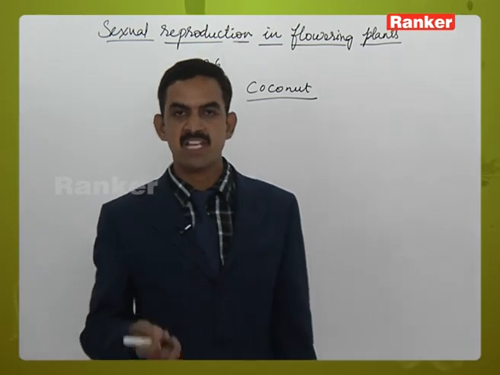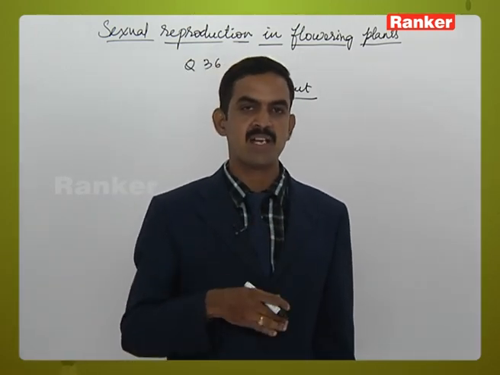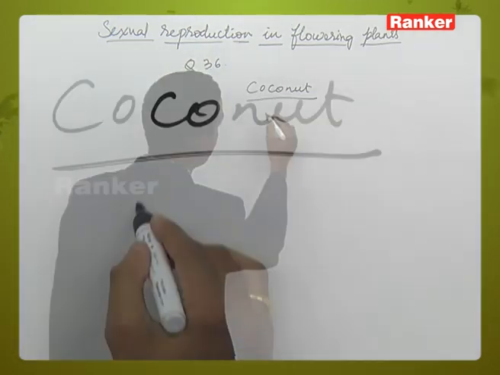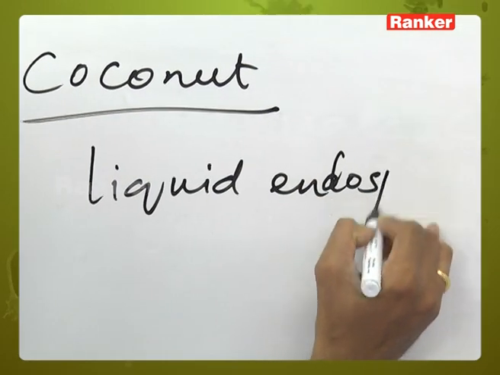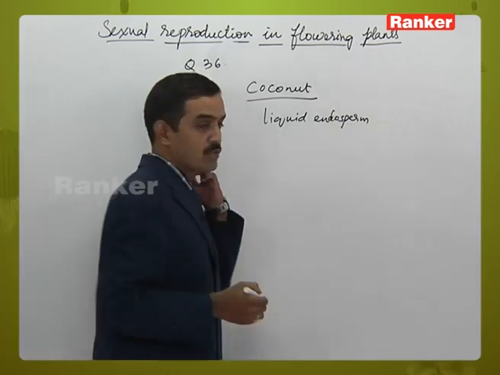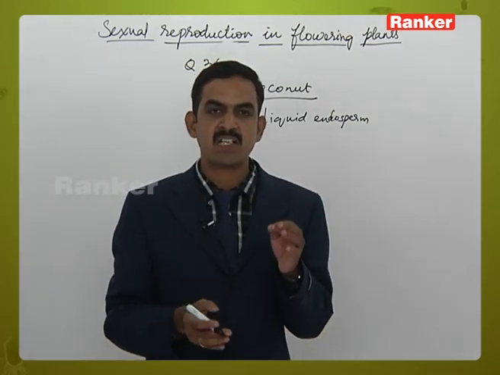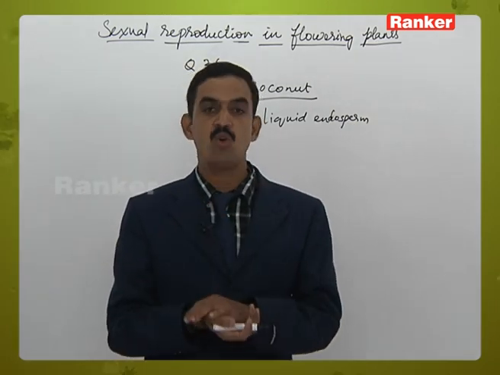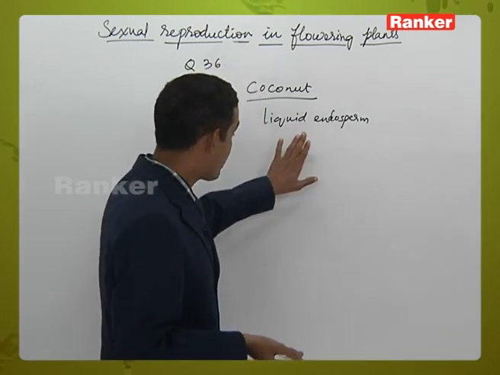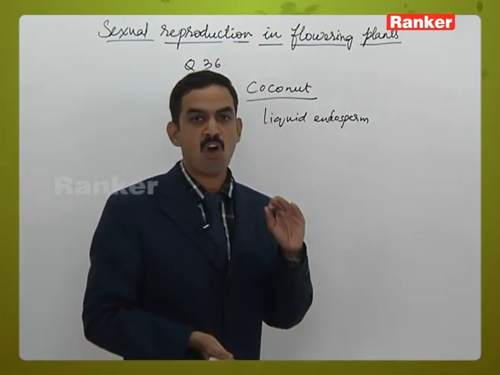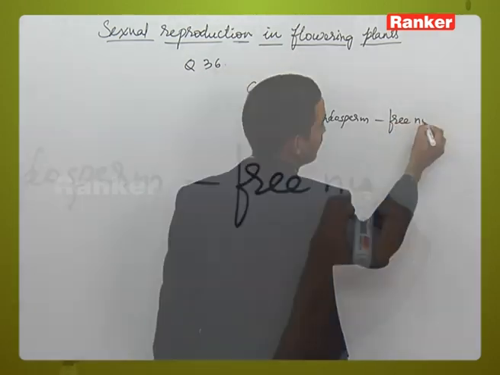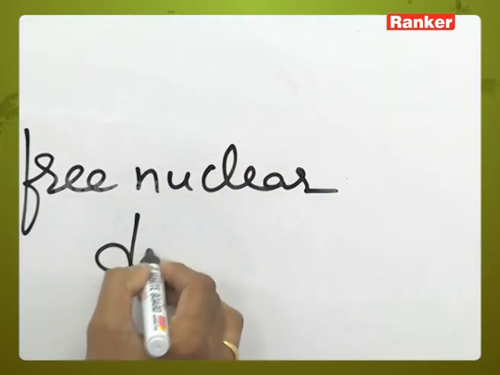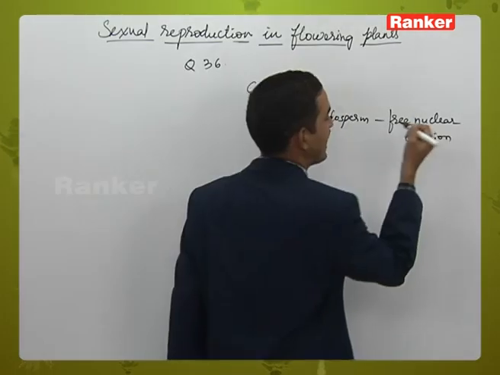One is called a liquid endosperm and the other is called a solid endosperm. Let's come to the liquid endosperm first. Liquid endosperm means the one which contains only nuclei, no cells. How is this liquid endosperm formed? It is formed as a result of free nuclear divisions without the division of the cytoplasm.